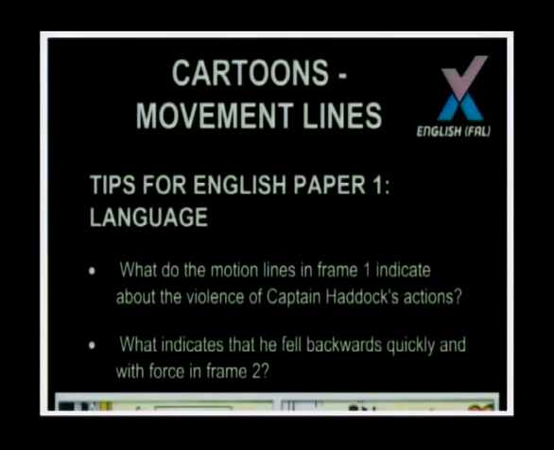When you look at cartoons, you've got to look at motion lines, and you've got to look at frames. So there are two concepts. One is the motion lines, also known as movement lines, okay? Because a cartoon is still, you've got to try and figure out what the action really is, or what kind of movement the cartoonist was trying to convey.